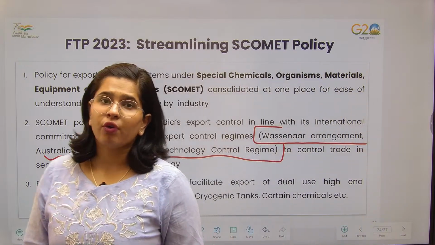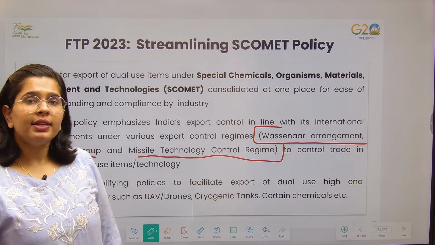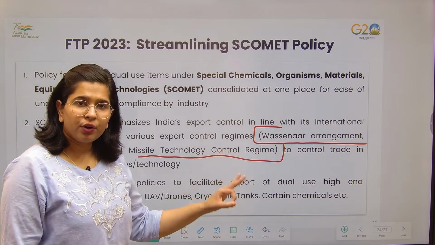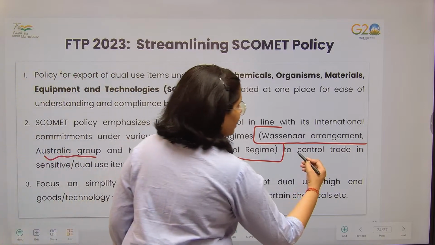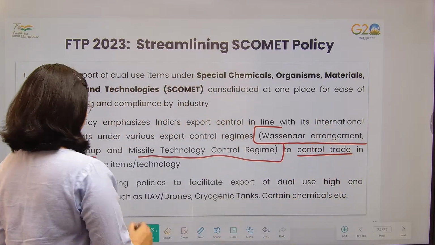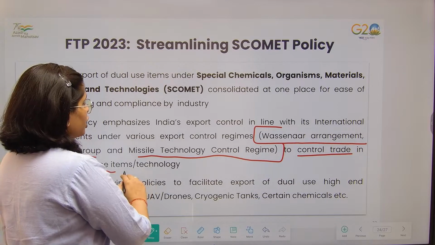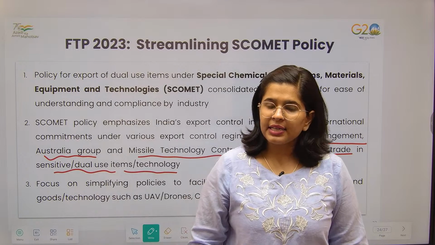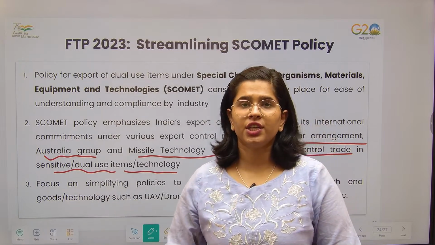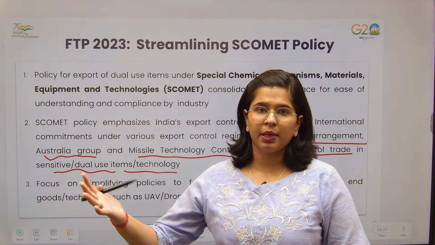India is a member of all of them, right? What these export control groups say is that you have to control the trade in these sensitive dual use items as well as technology.